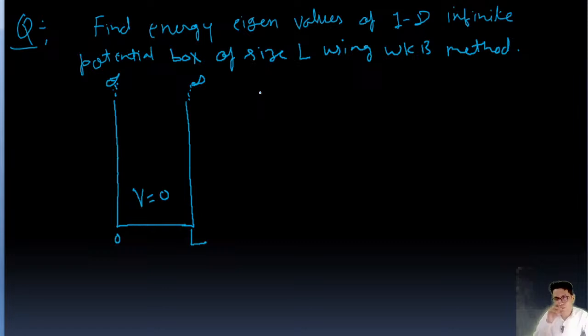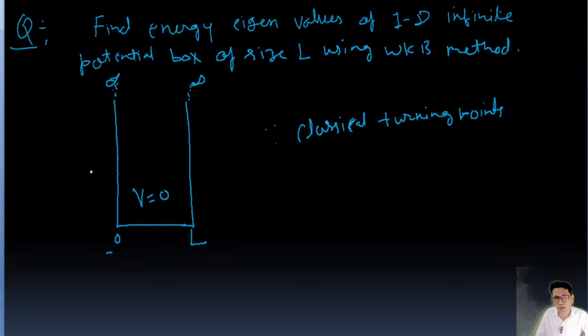So this is the 1D infinite potential box, and the size is L, that is 0 to L. Now what are the classical turning points, guys? The classical turning points are 0 and L.